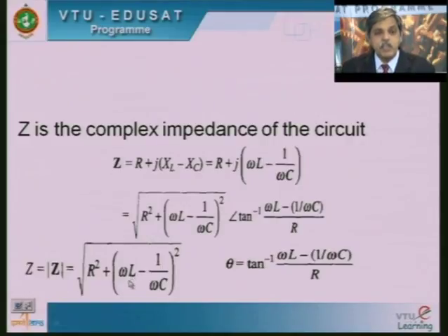So as you vary the frequency, omega L will vary because inductance is constant, and omega C will vary because C is constant, so 1 by omega C also varies.